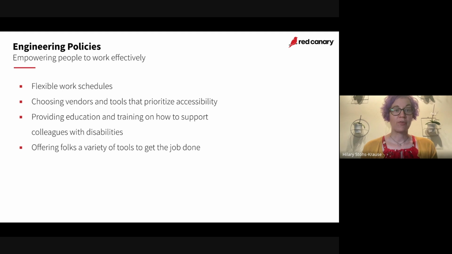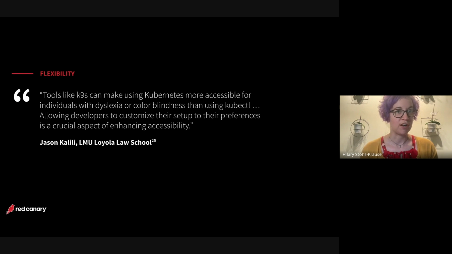And then offering folks a variety of tools to get the job done. So this is one that I hadn't really thought about until I was researching this talk, but there's a great quote I want to share. "Tools like K9s can make using Kubernetes more accessible for individuals with dyslexia or colorblindness than using kubectl. Allowing developers to customize their setup to their preferences is a crucial aspect of enhancing accessibility." And so again, there's always trade-offs, right?